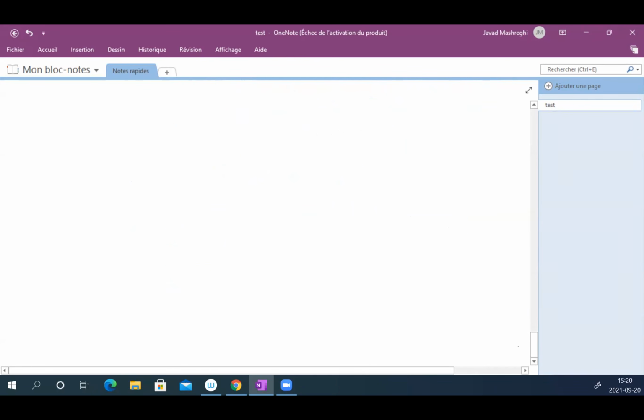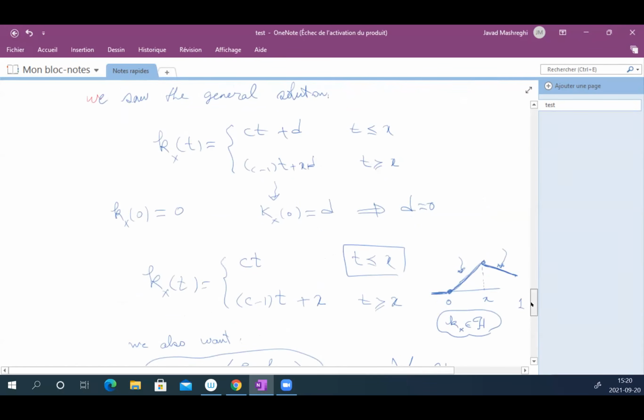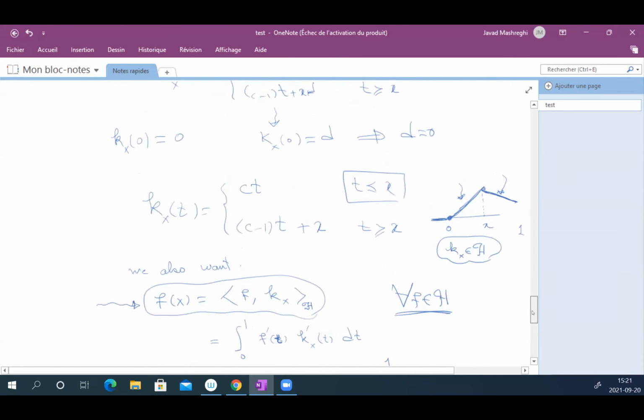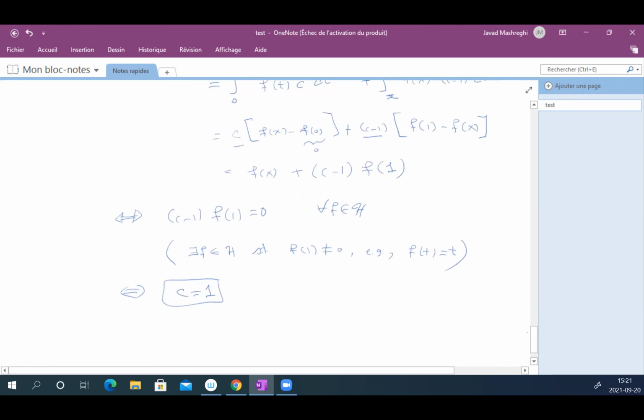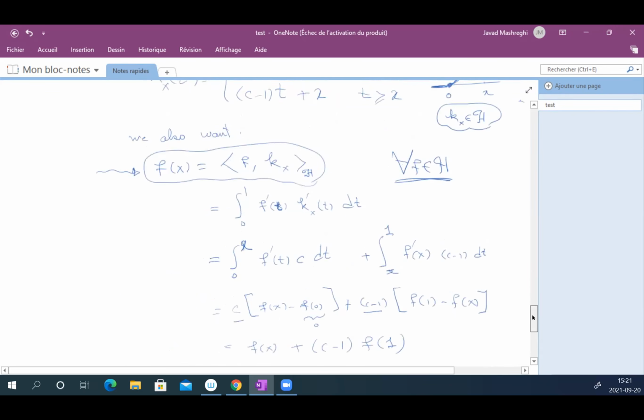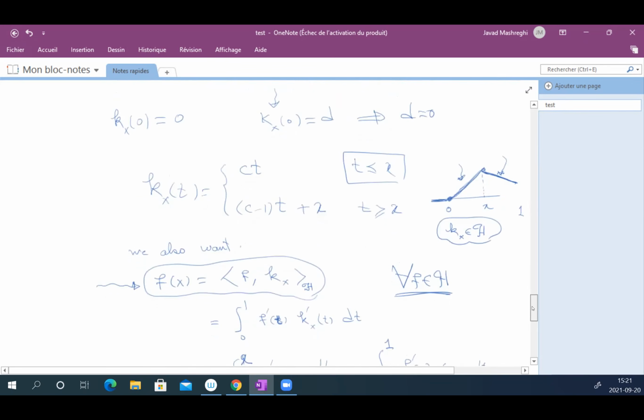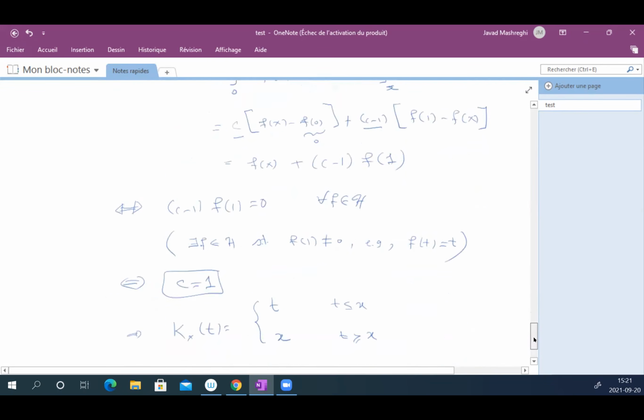And c being equal to 1, you see what your k_x is. The formula is just there. Therefore, k_x(t) is equal to t if t is less than or equal to x, and if t is bigger than x it is equal to x, a constant. C is equal to 1, so it's just x, a constant.